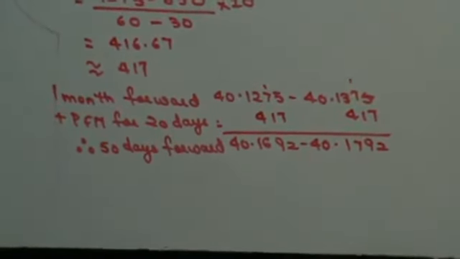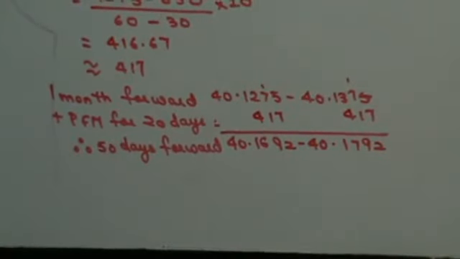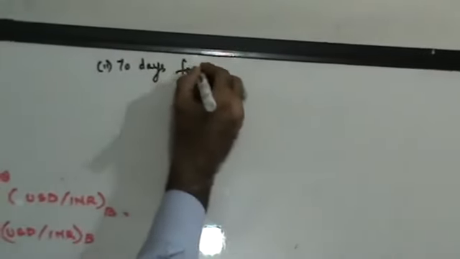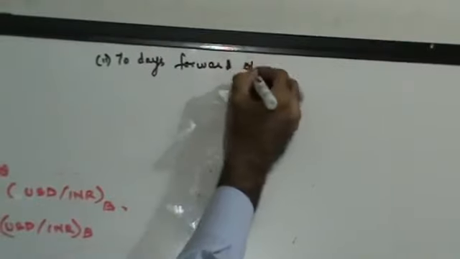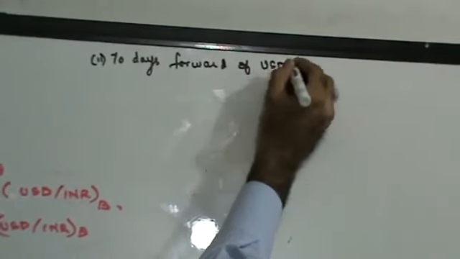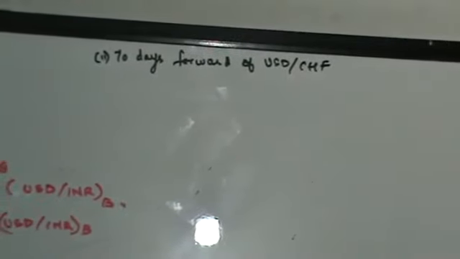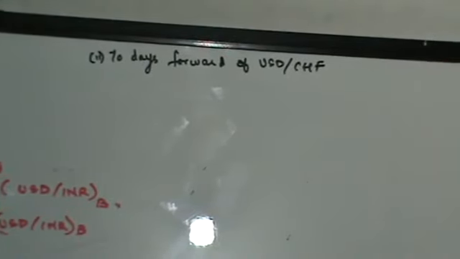Now 70 days is between 60 days and 90 days. So that means I want 70 days forward of USD CHF, right? First thing I need to find out, the closest previous date is 60 days.